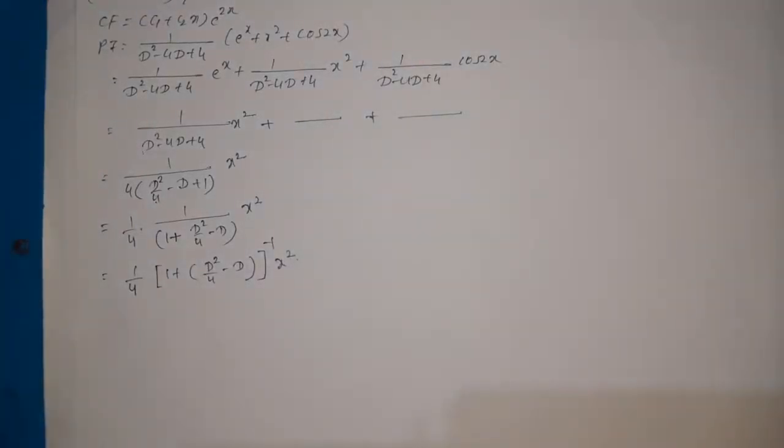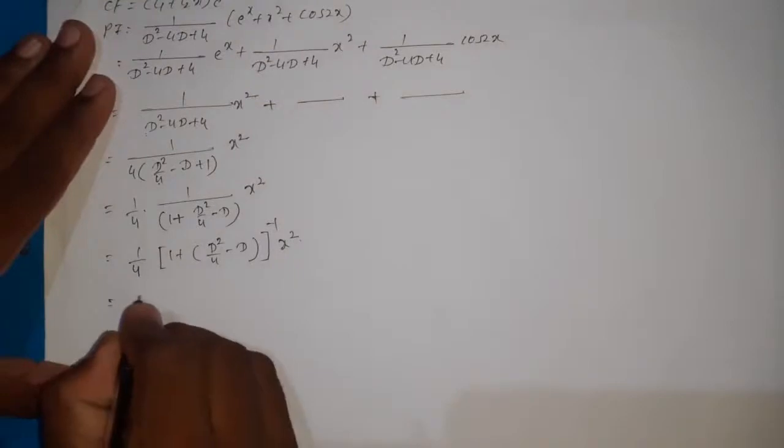So here the power of x is 2, then we can consider D and D square, because D is the first order derivative and D square is the second order derivative. So we can consider D and D square, and we can eliminate all the higher order derivatives like D cube, D power 4, D power 5 and so on.